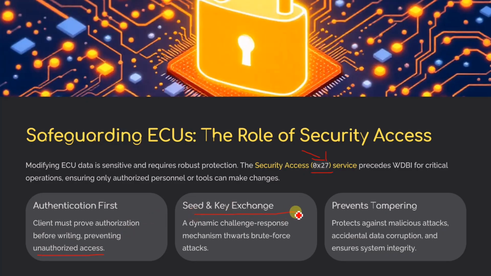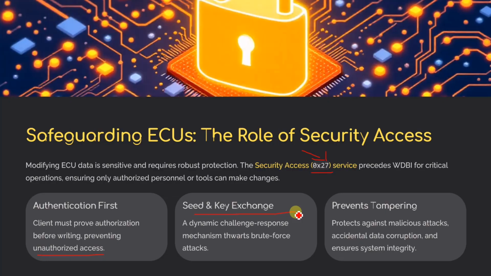The seed and key exchange. The security 27 service comes with a seed and key mechanism. Only then will it send a seed. We request a seed, manipulate it with some algorithm, and send the key. On the server side there will also be a key, and it will calculate and compare.